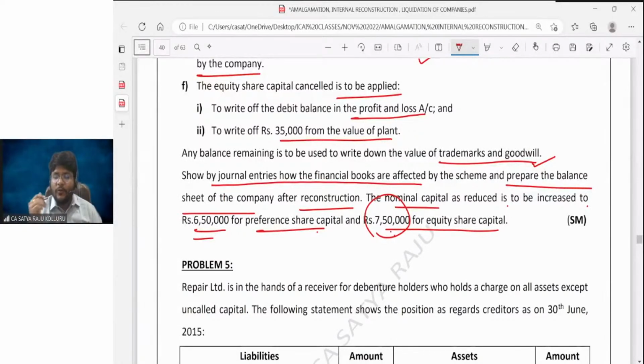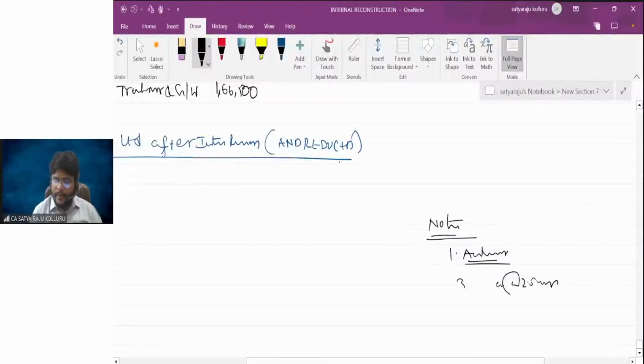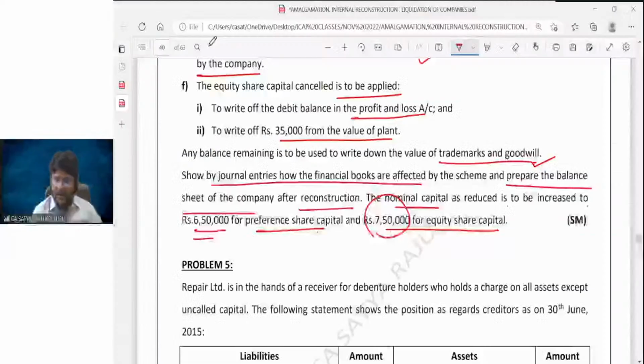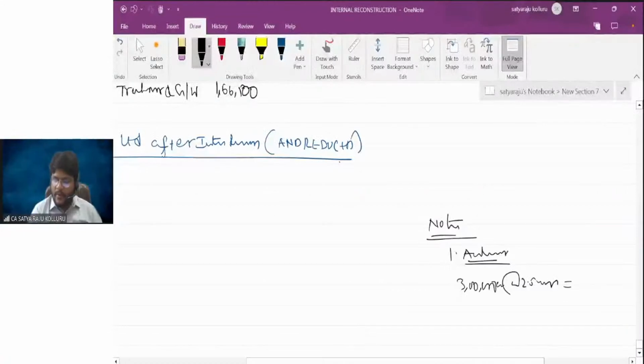This is the 7,50,000 amount. That means how many shares? 7,50,000 divided by 2.5, so it is telling 3 lakh equity shares at the rate of 2.5 each. Then it will become 7 lakhs. This is related to equity share capital.